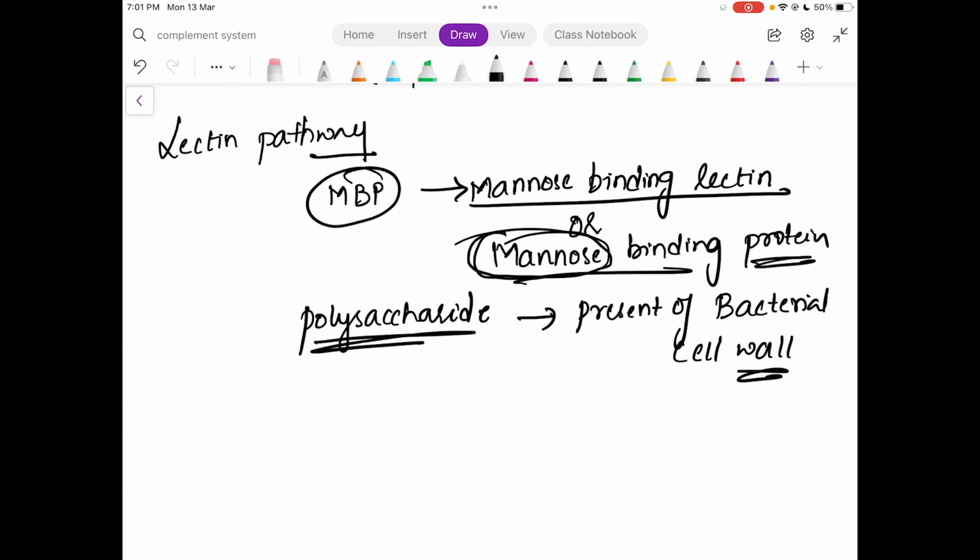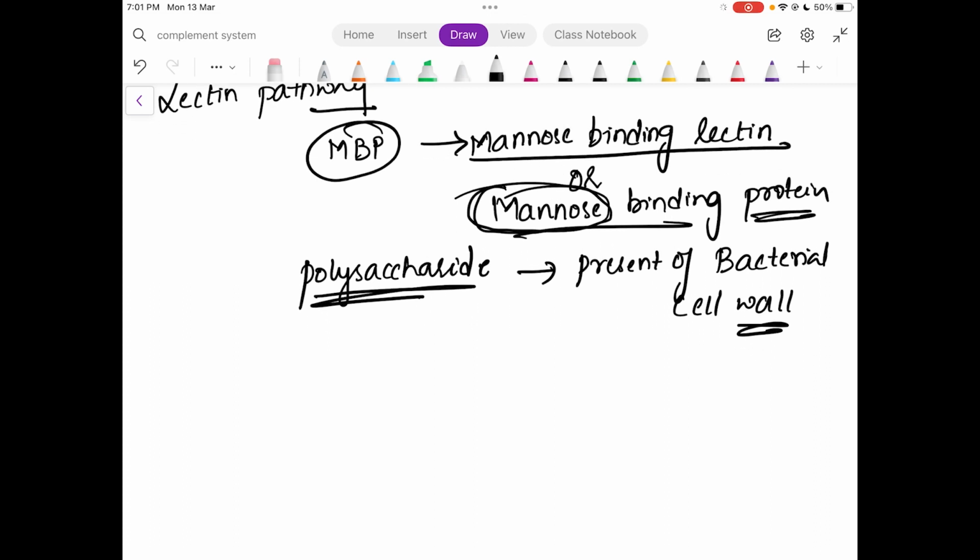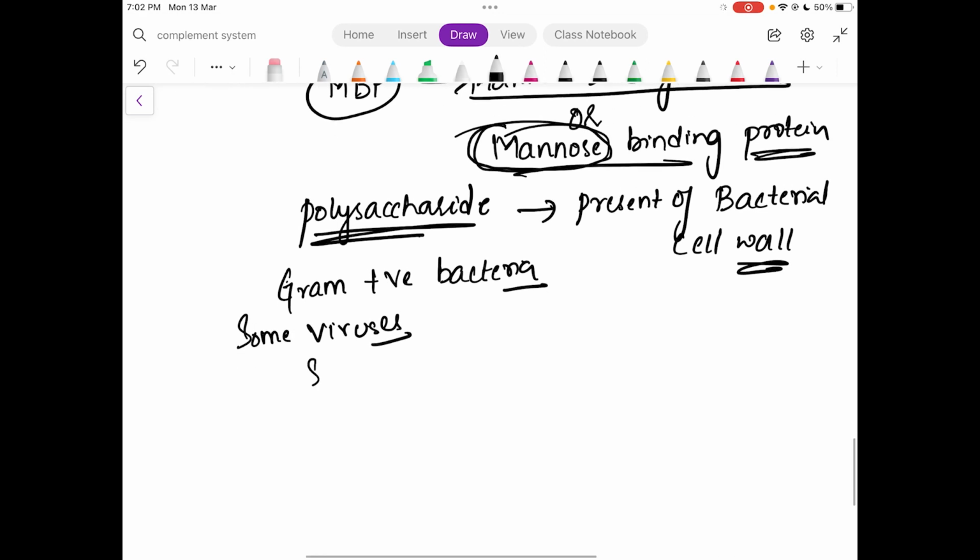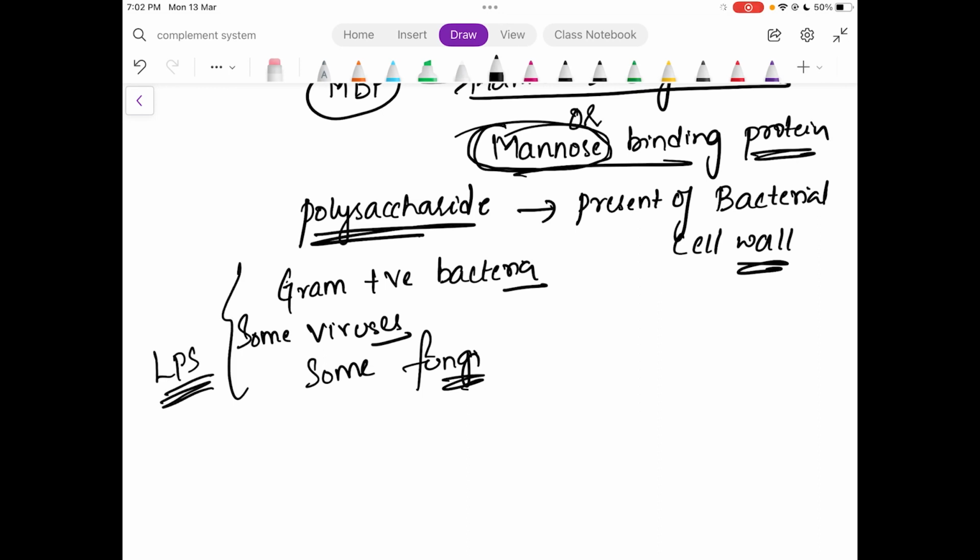Where do you see this type of lipopolysaccharide? You can see it on gram positive bacteria, some viruses, not all viruses, and in some fungi.